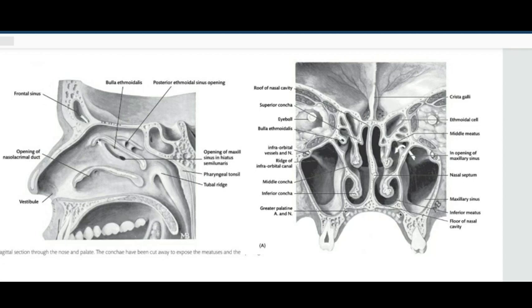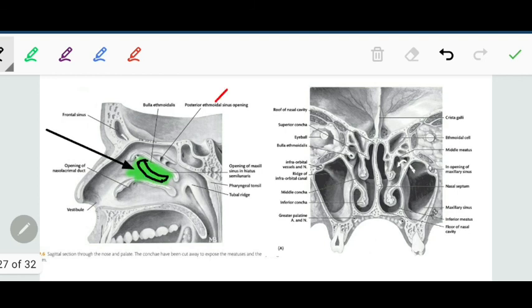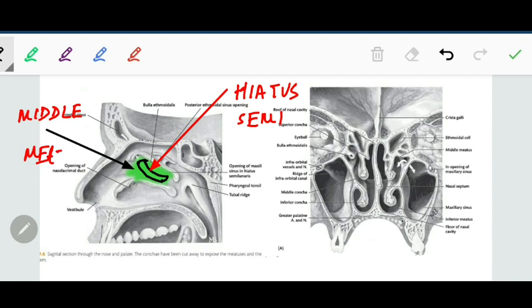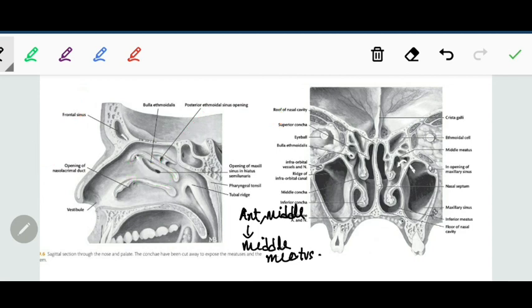So regarding drainage, let's see. The anterior and middle group drain into the middle meatus. The anterior one opens into the hiatus semilunaris.